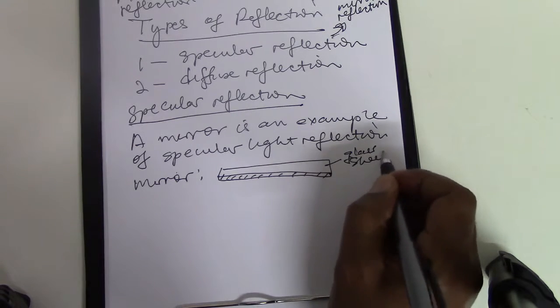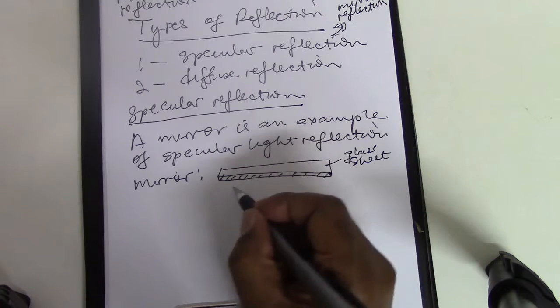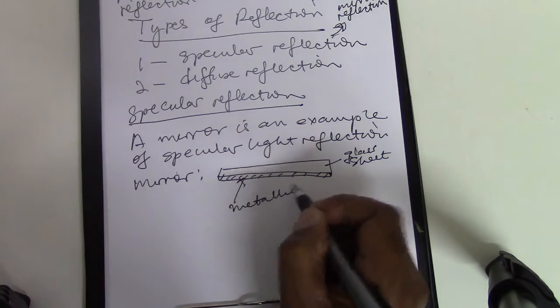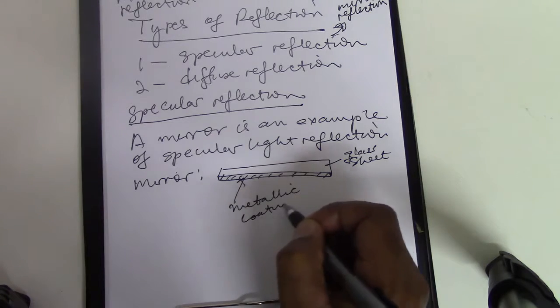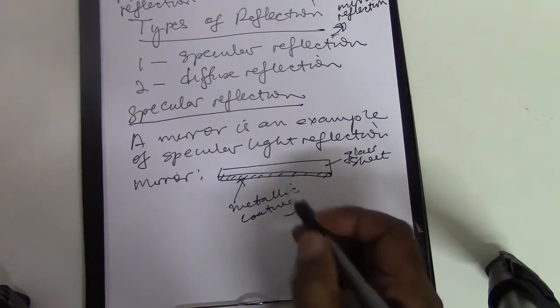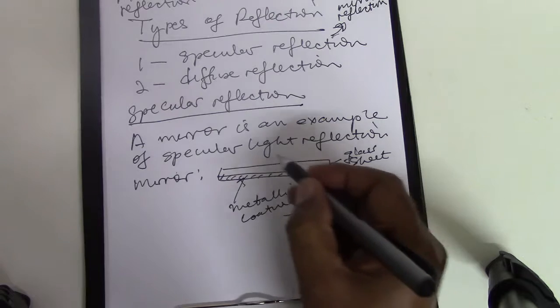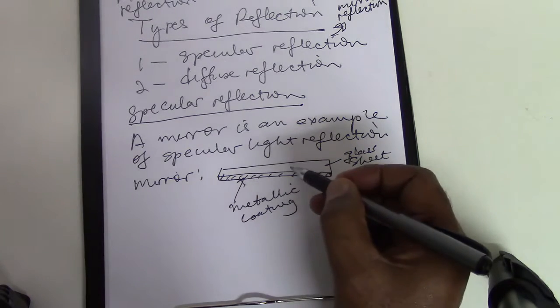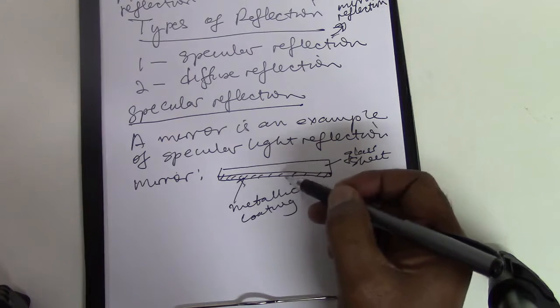A glass sheet. It will be in front of this metallic coating. Right. This is how a mirror is really made. It has two materials.